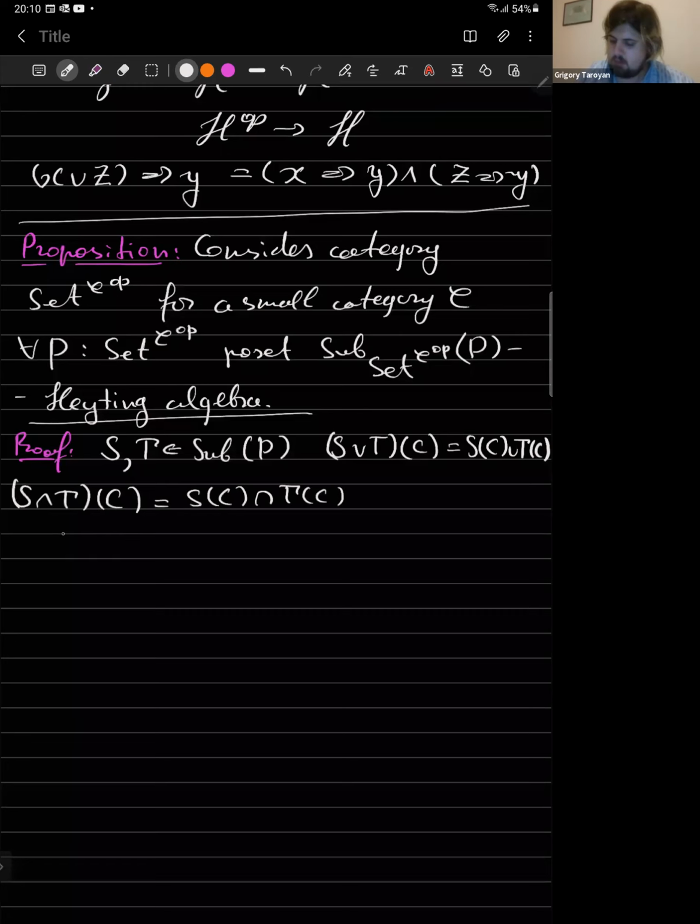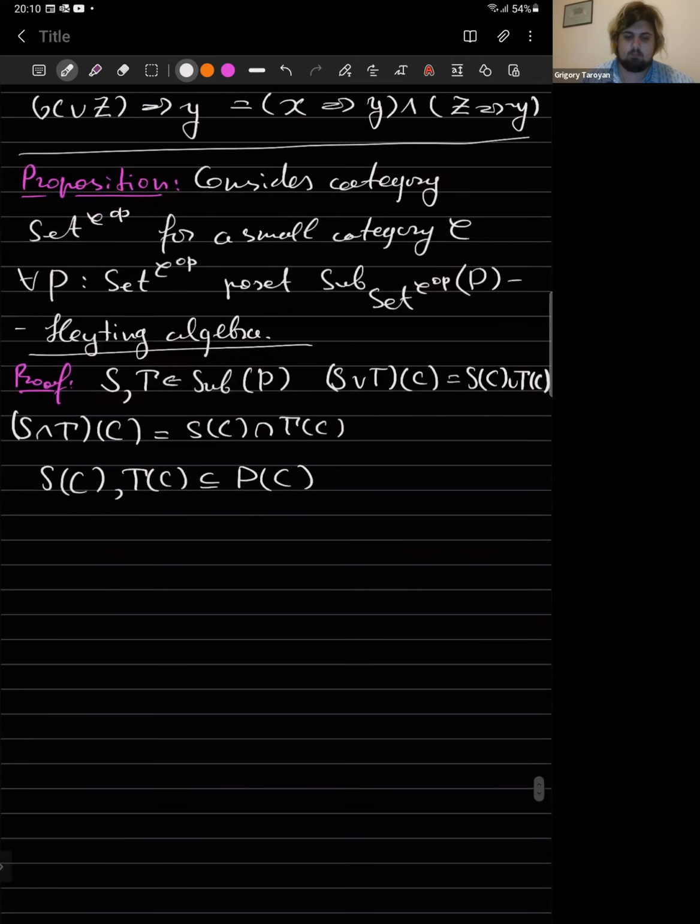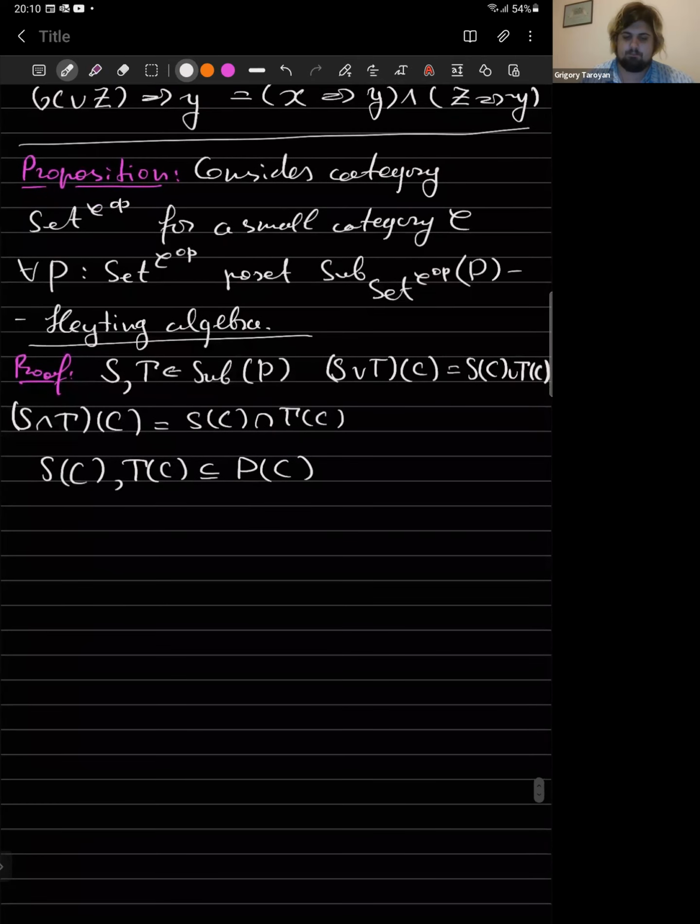This makes sense because S and T are subfunctors of P, and therefore S(C) and T(C) are subsets of P(C). Therefore, it makes sense to take their intersection and so on.